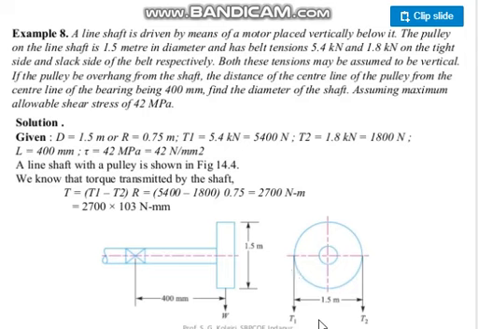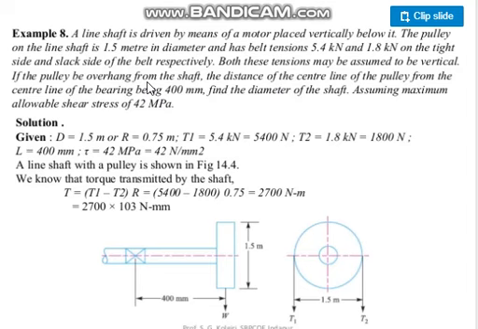If they are slanted a little, then you will have to take angle of overlap more than 180 degrees, and the calculations will be a little tedious. For making the matter simple, he says you take these two as vertical. Actually, they are not vertical, but for simplifying the problem, you assume them to be vertical.